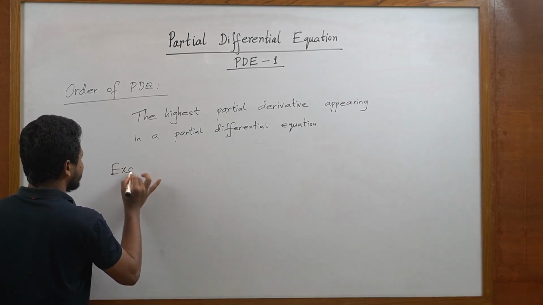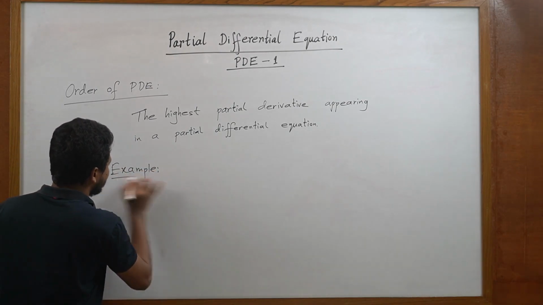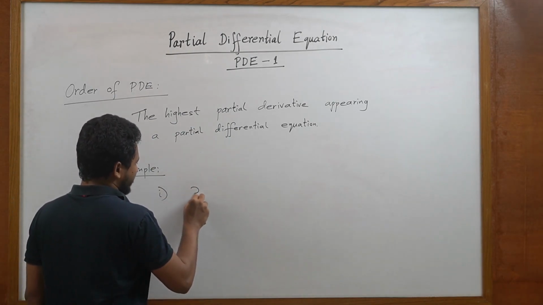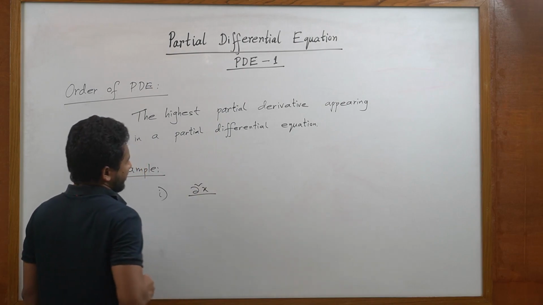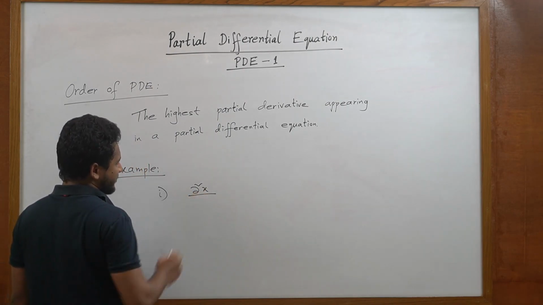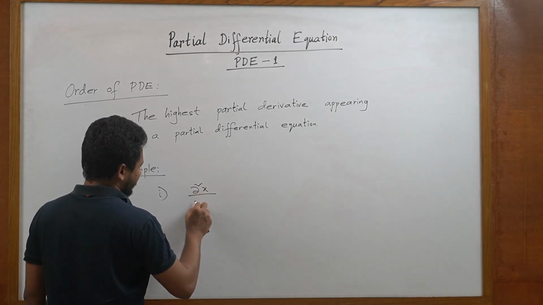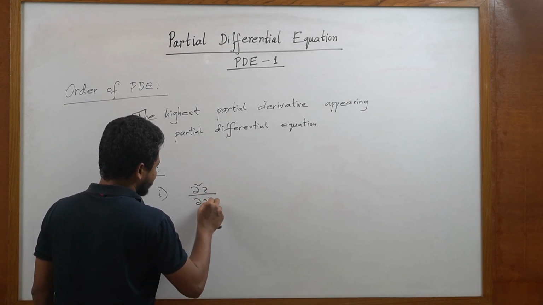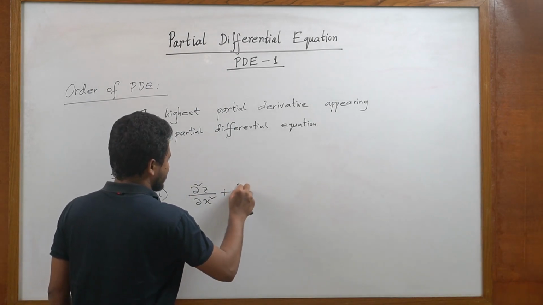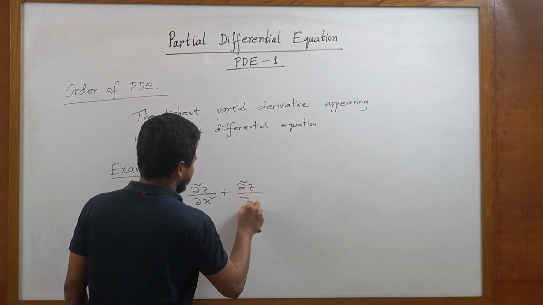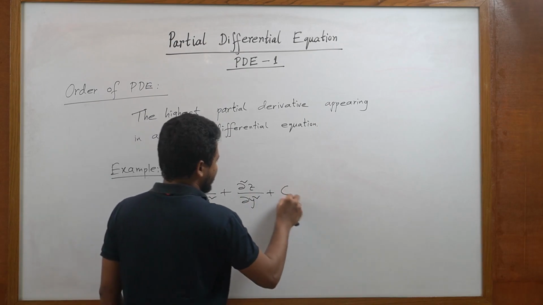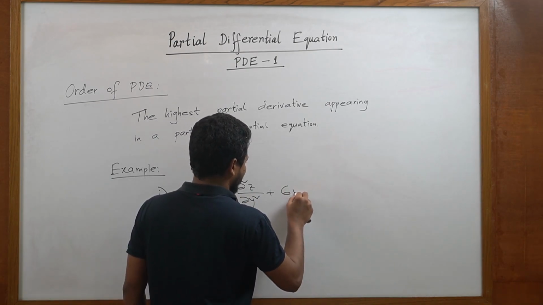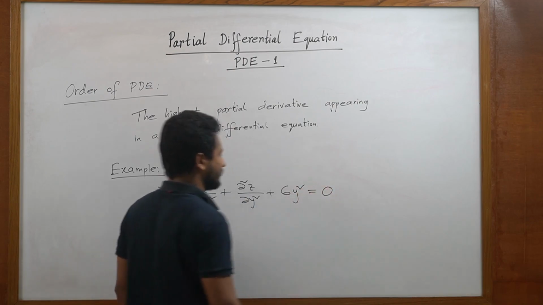Example, we will say second partial derivative operator here plus 6 y square equals to 0.